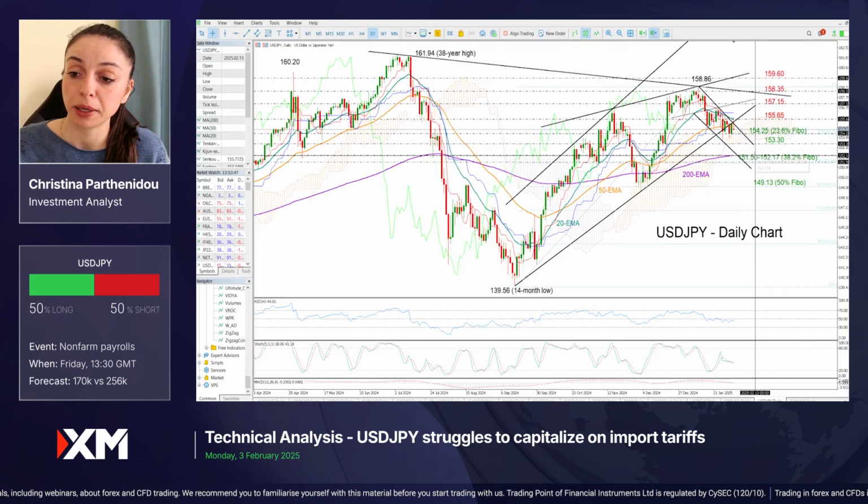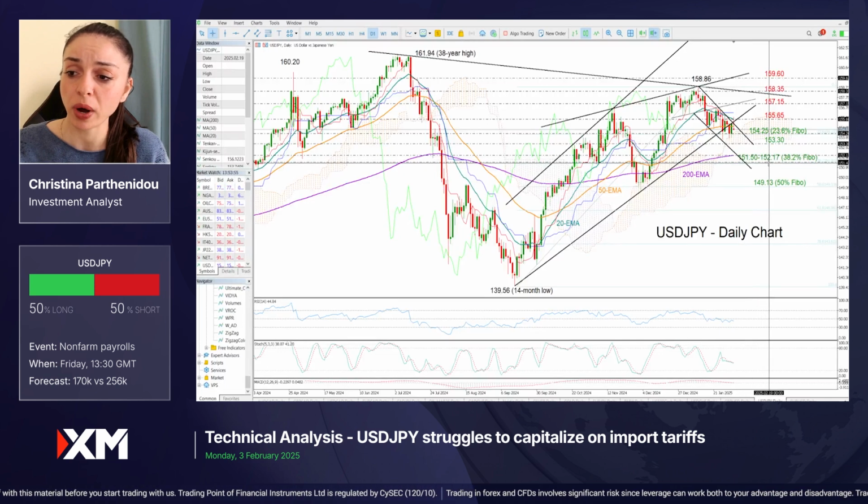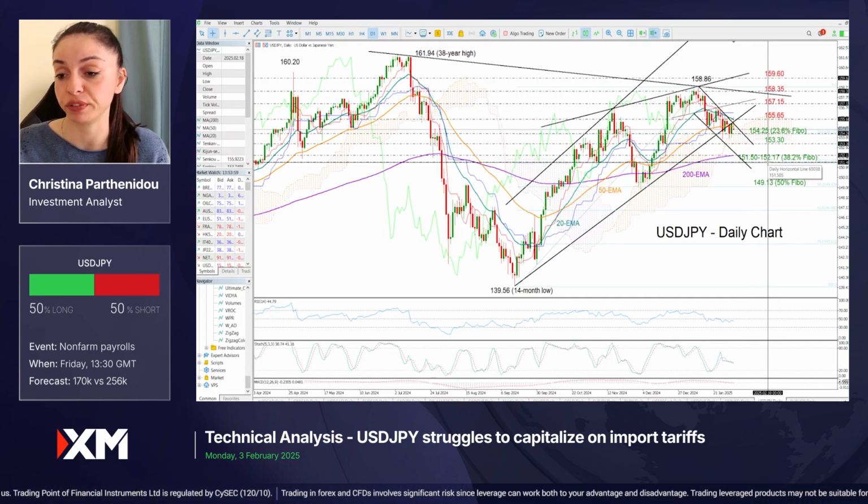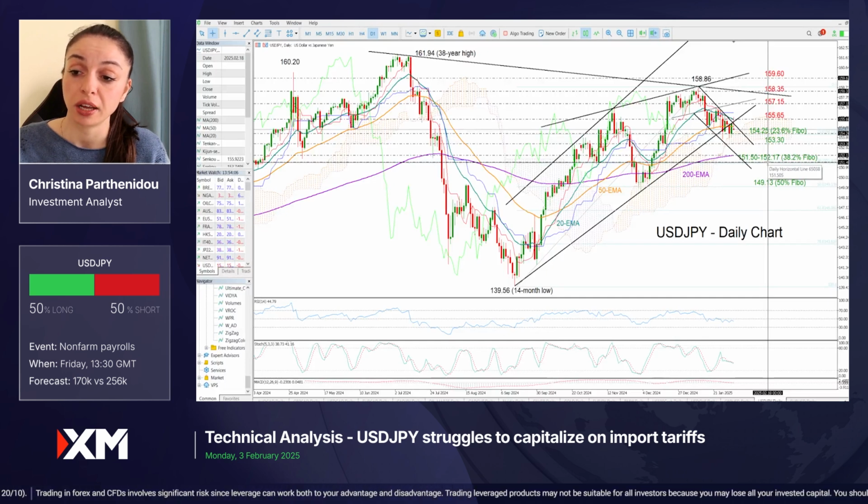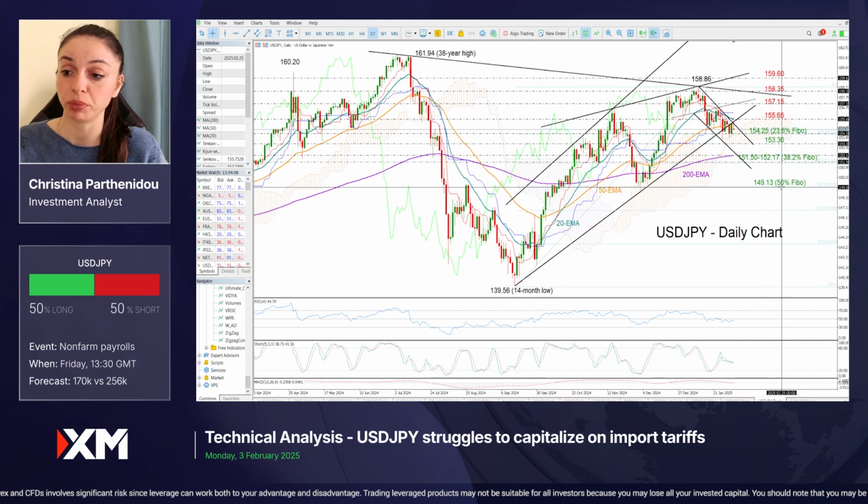Lower than that, the next support could come around the 200-day exponential moving average at 152.17, while the 38.2% Fibonacci mark of 151.50 could also come in sight.